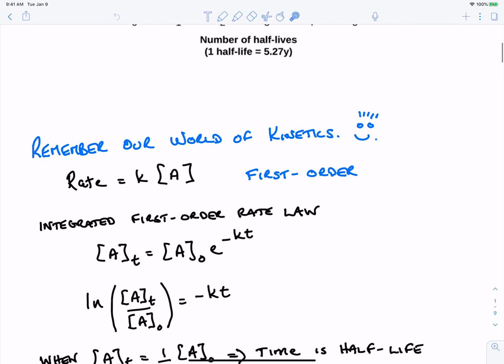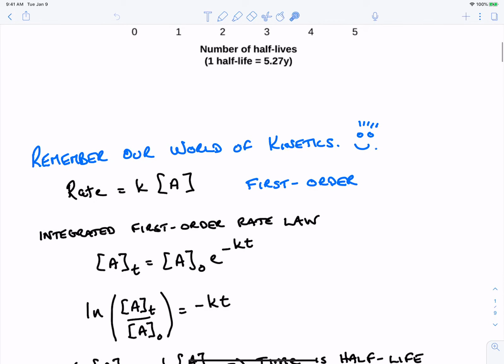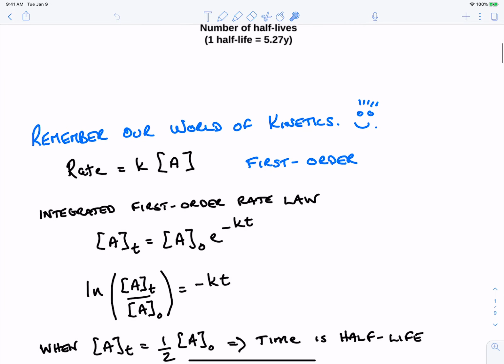And when we looked at integration, we would say that the natural log of A at time t divided by the concentration of A at time 0 was equal to minus kt. And so we had these three expressions that we often talked about during kinetics.